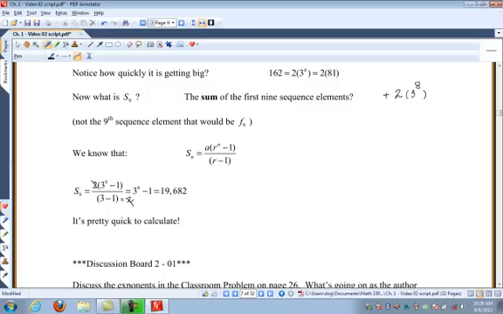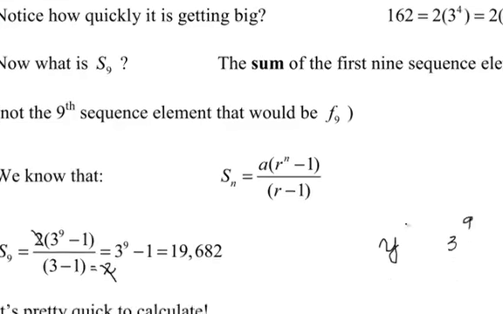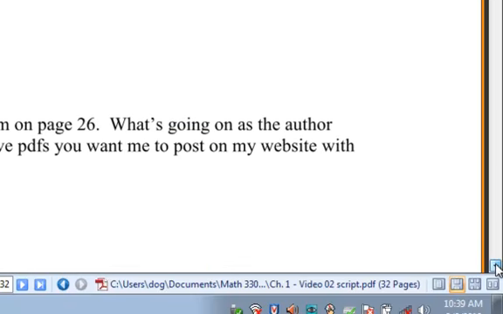And of course, I grab my calculator and I work that out. I use the y to the x key for 3 to the 9. Whoops, that would be x. Y to the x key. And it's pretty quick.